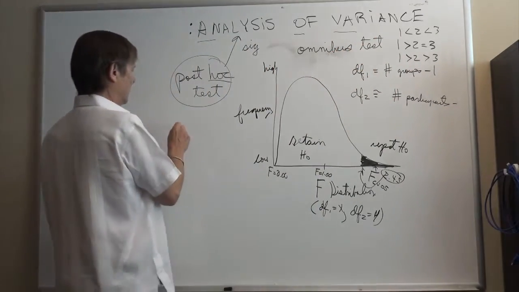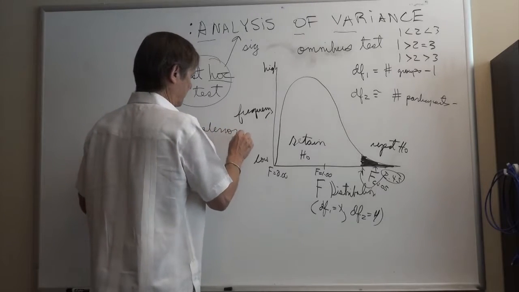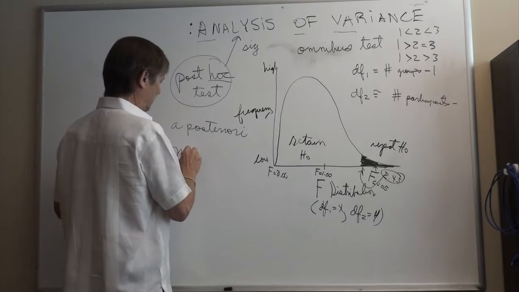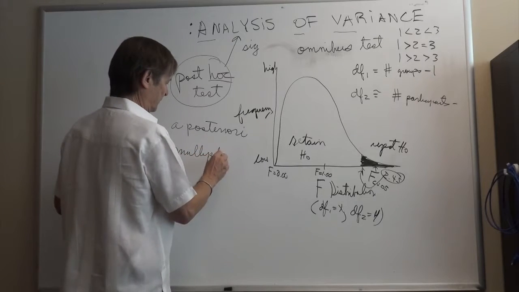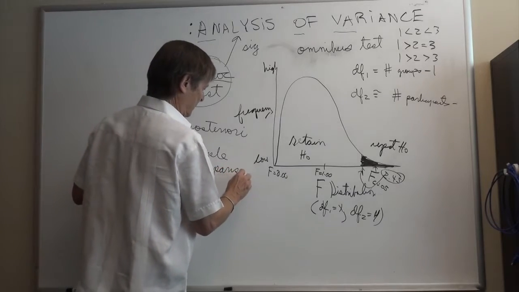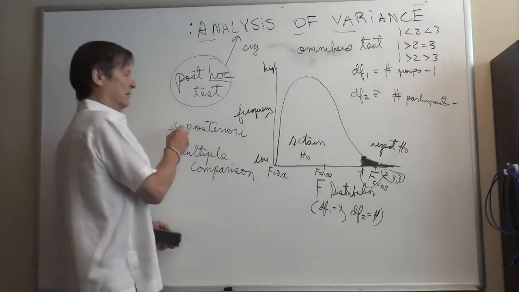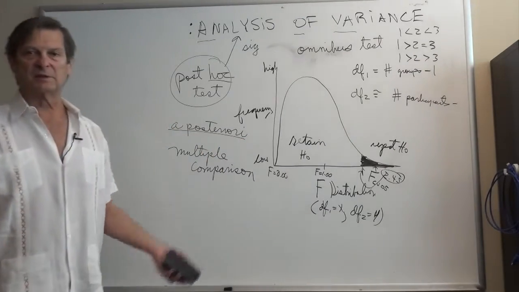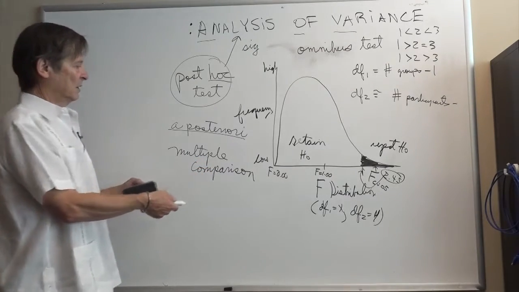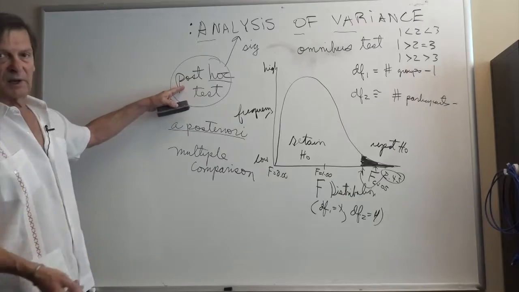They're also called a posteriori tests. They're also called multiple comparison tests. I suspect a posteriori is the least popular name because it's difficult to pronounce. More popular is multiple comparison tests, also called post hoc tests.